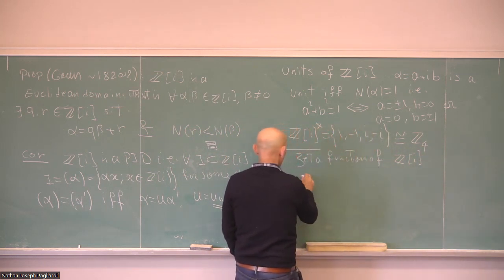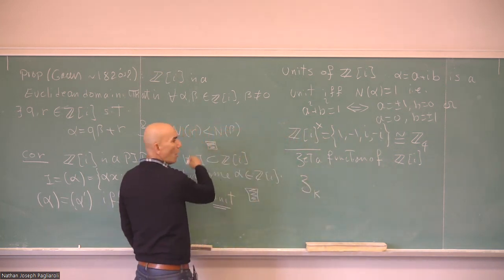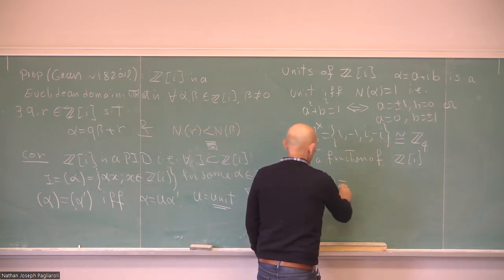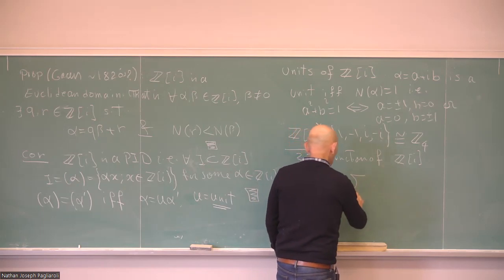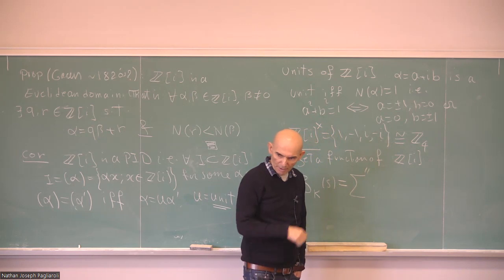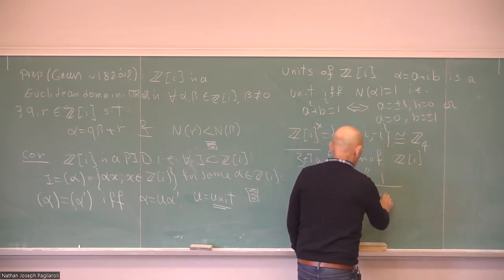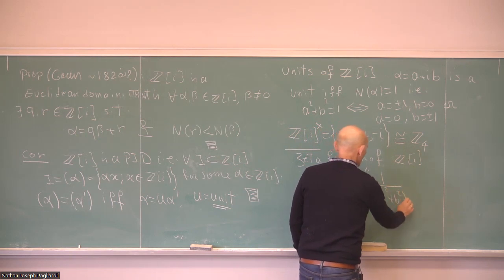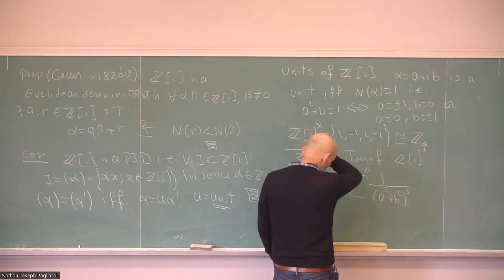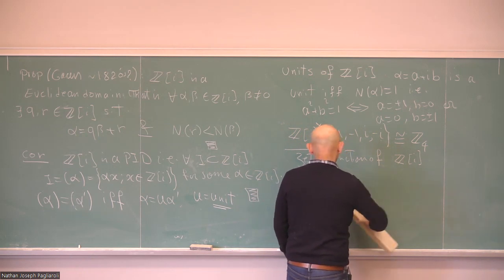Remember, this K now is really for us this Q(i), the Gaussian rationals. Now, I just write something like this, a sum. Okay, I just write a double prime, and then I tell you what I mean. 1 over (a^2 plus b^2) to the power s, where, okay, now let me not introduce too much notation.